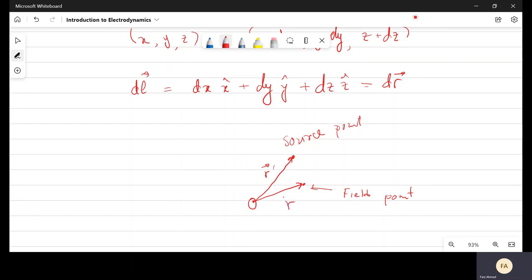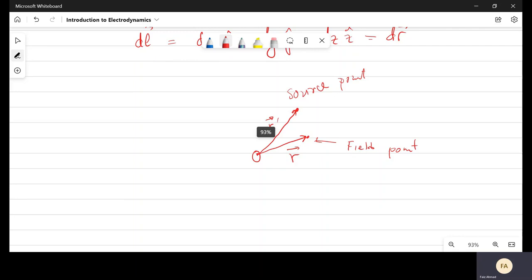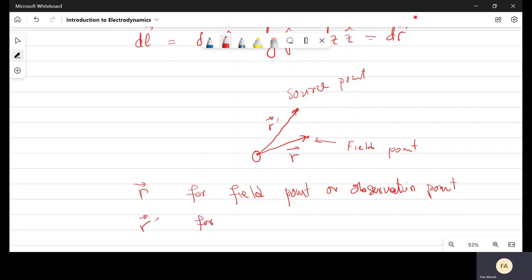This book will express our notation for field points: R is the vector from the origin to the field point, or observation point. And R prime is for the source location. This is the vector from the origin to the source point.